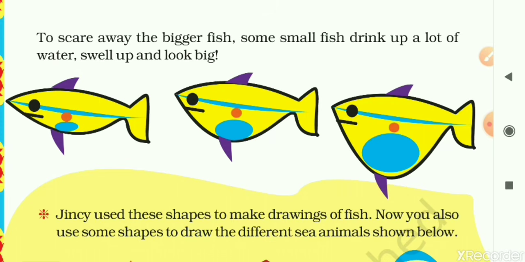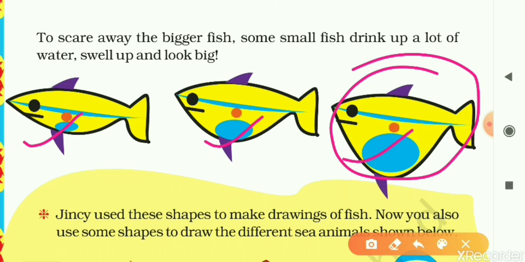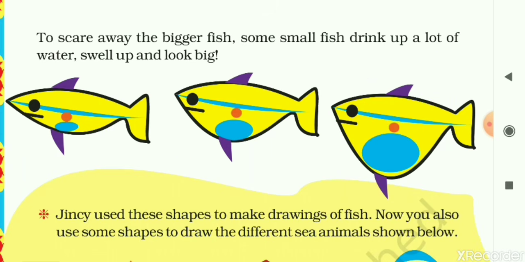Okay, so for that the small fishes swell up with water and make their body bigger and biggest. Is it also a comparative degree? You can say big, bigger, biggest. Actually their body is not bigger, but they just swell up with water, they make their body bigger.